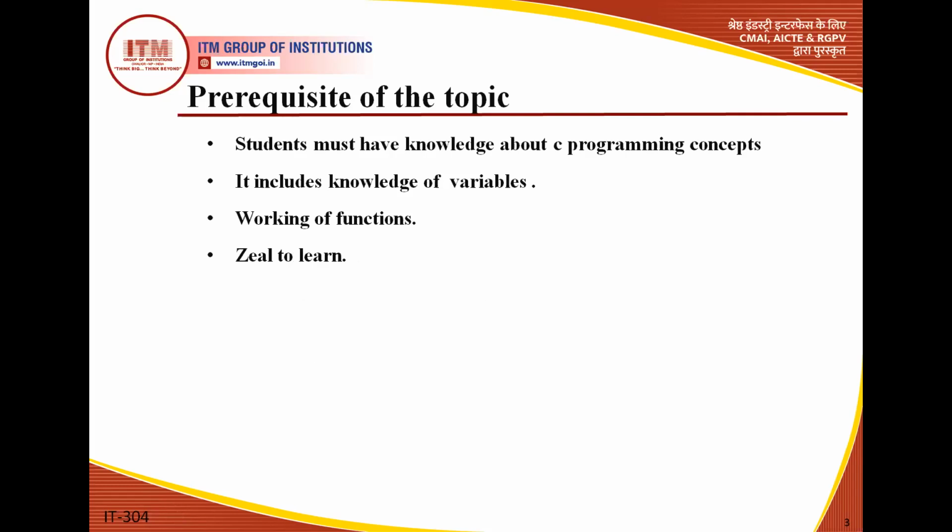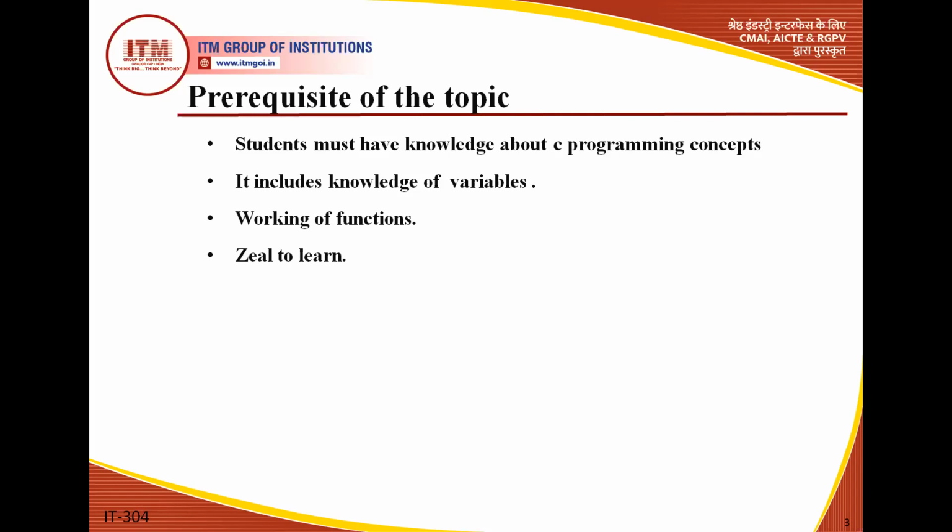Prerequisite means the information or the knowledge which you already have before learning this course. So, as it is written in this lecture, to understand the concept of OOPS, the student must possess knowledge about C programming concepts.